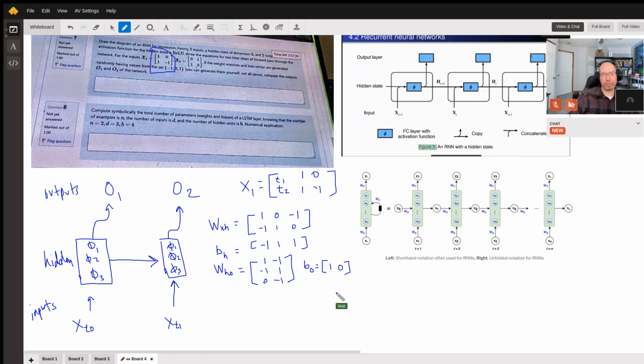Okay, so you could work that out then, I guess. Again, this is kind of annoying to do by hand with all the matrix math. So maybe we could do it with a tool first, and then confirm it by hand.